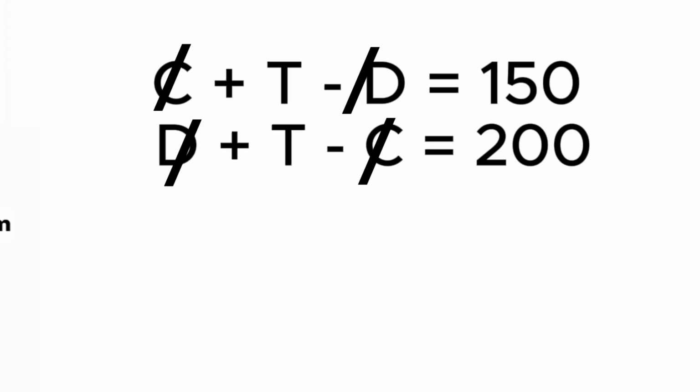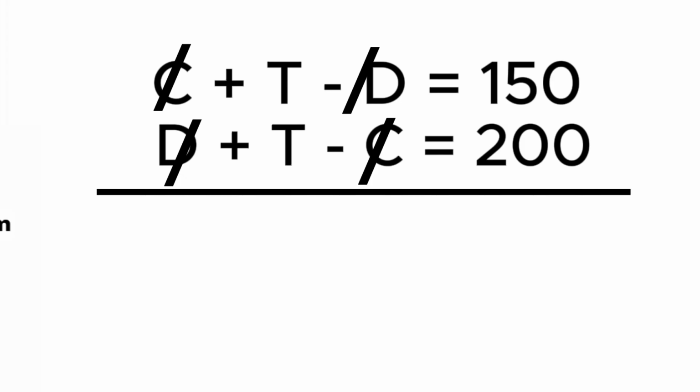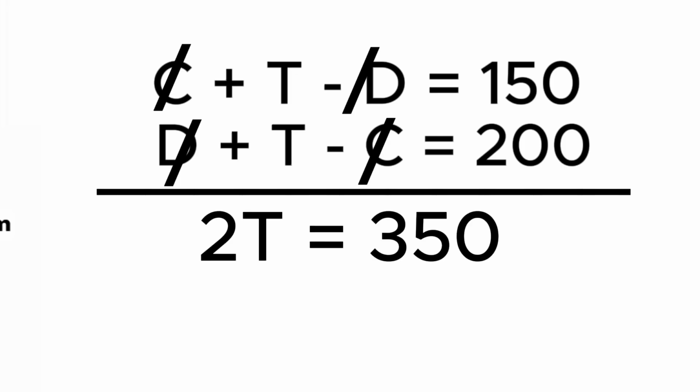But when we come to t in both equations, t is positive. So t plus t is 2t. And of course, we have to add the right side, which is 150 plus 200, and that is 350. This means 2t is equal to 350.